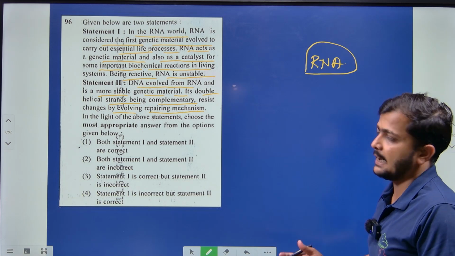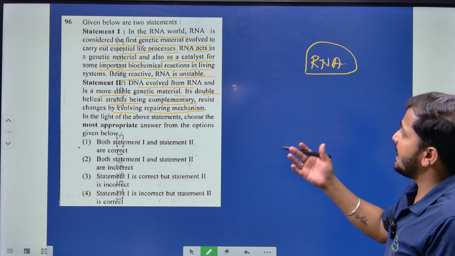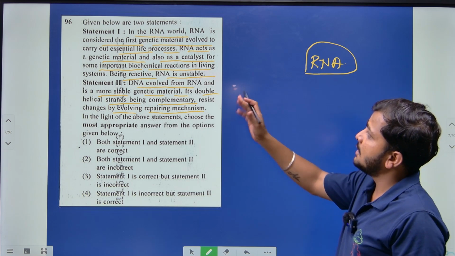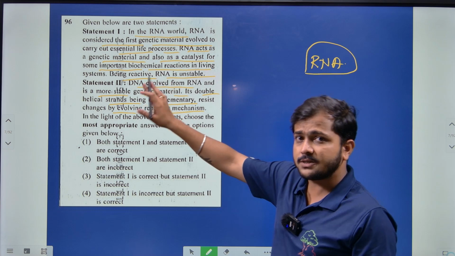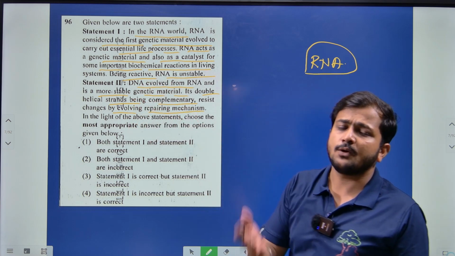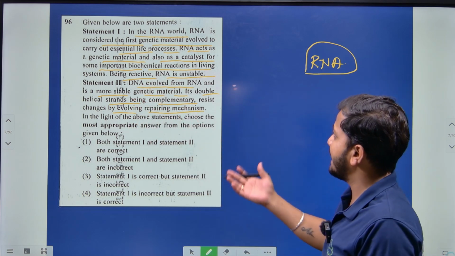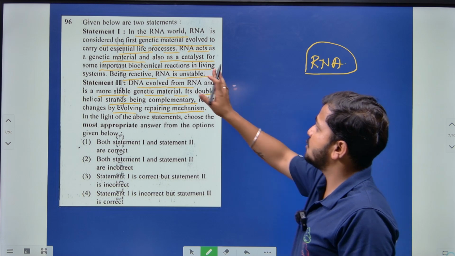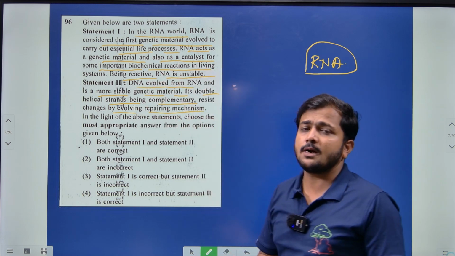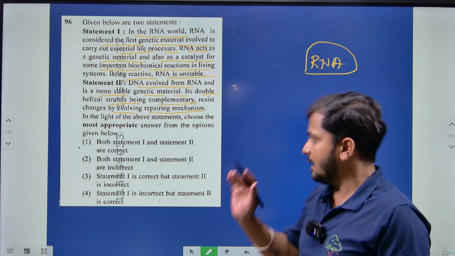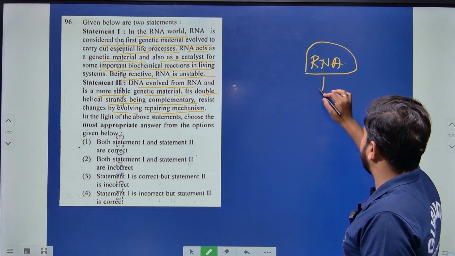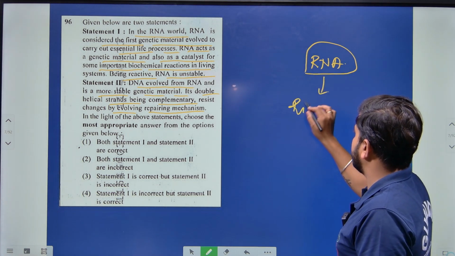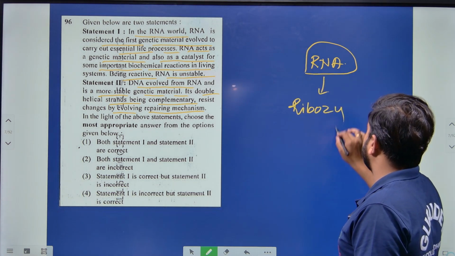RNA acts as a genetic material in most of the viruses, and it also catalyzes some of the important biochemical reactions. As RNA catalyzes biochemical reactions, we majorly call it a ribozyme.